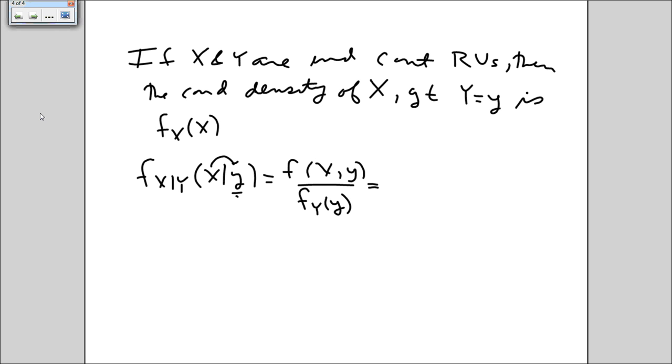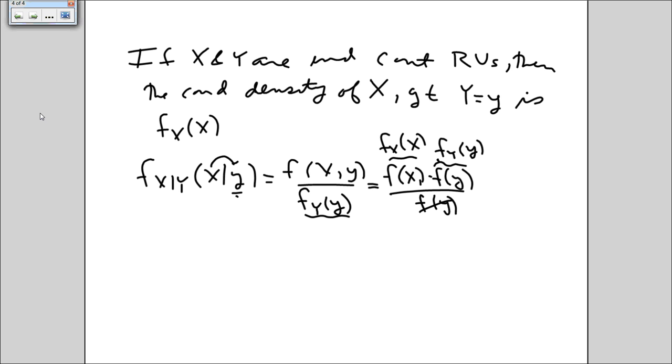You know, I can write it differently. Well, okay, so now since x and y are independent, the numerator is just f of x times f of y. Another way of writing this bottom is just f of y.